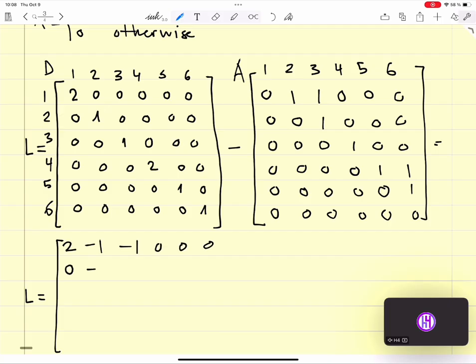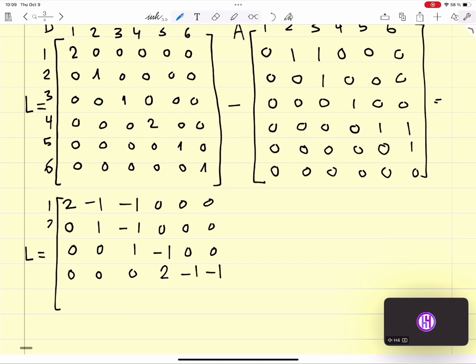Then the next rows, 0, 1, minus 1, 0, 0, 0, then 0, 0, 1, minus 1, 0, 0, 0, 0, 0, 2, minus 1 for node 4, and this is 1, 2, 3, 4, 5, and 6.